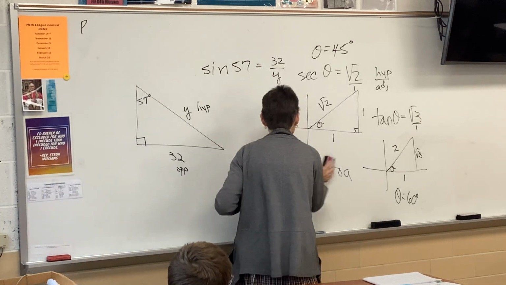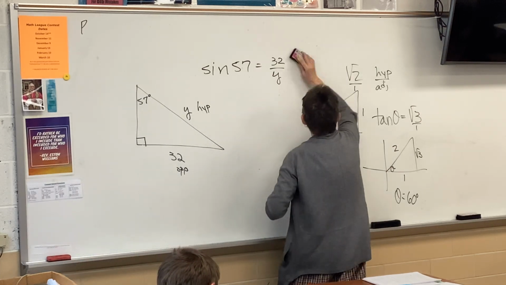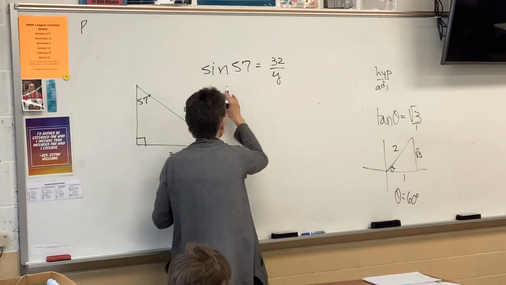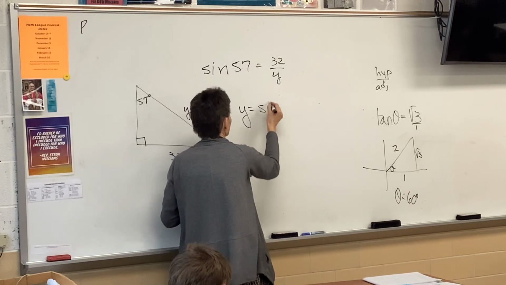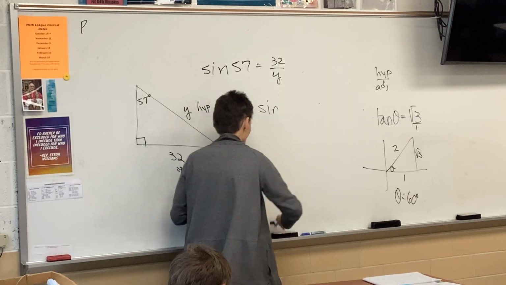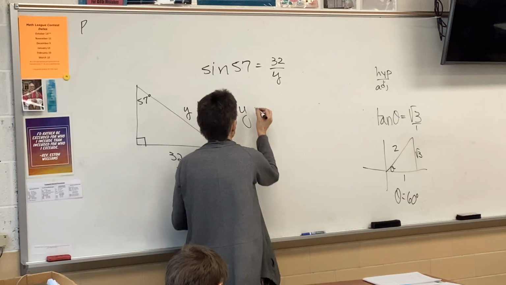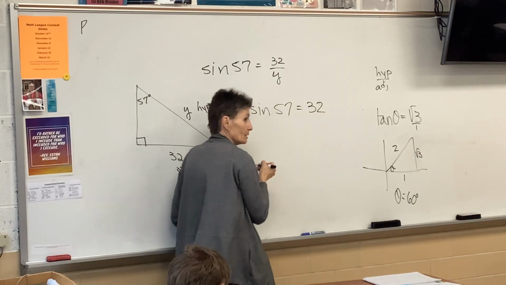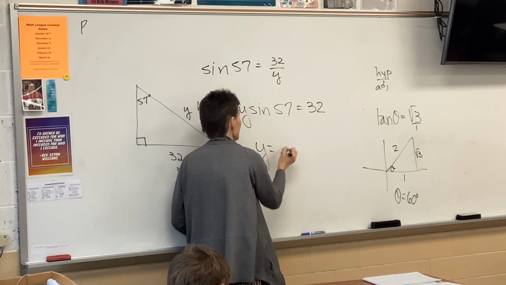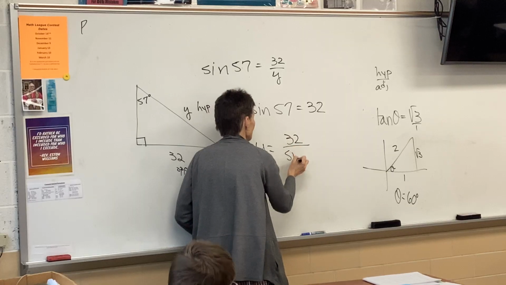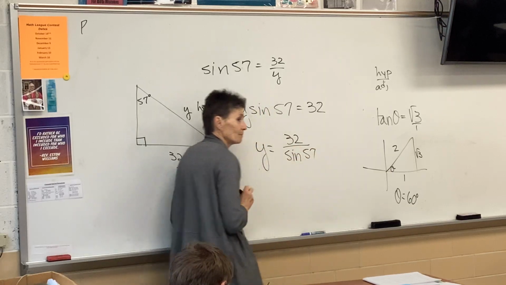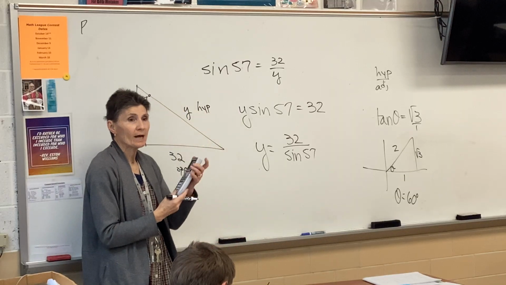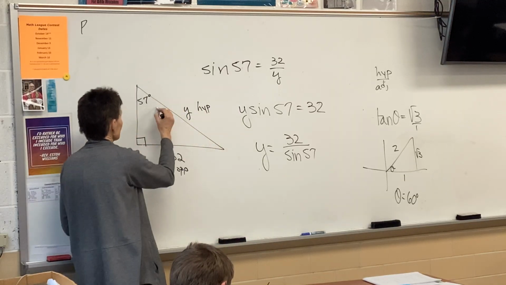We are solving for y. So I'm gonna multiply by y to get rid of the fraction. And then divide by sine 57. Now, before you type this in on your calculator, boys and girls, let's look at that right there.